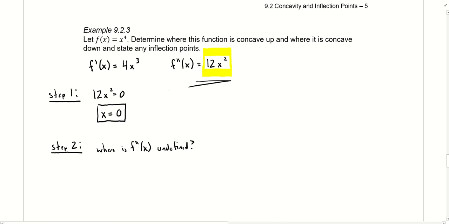Well, our second derivative is a polynomial, so it's going to be defined for all values of x. So there's no values where this second derivative is undefined, so we once again don't have to worry about that. We'll see an example where we do have to worry about that in a second, but we don't here.